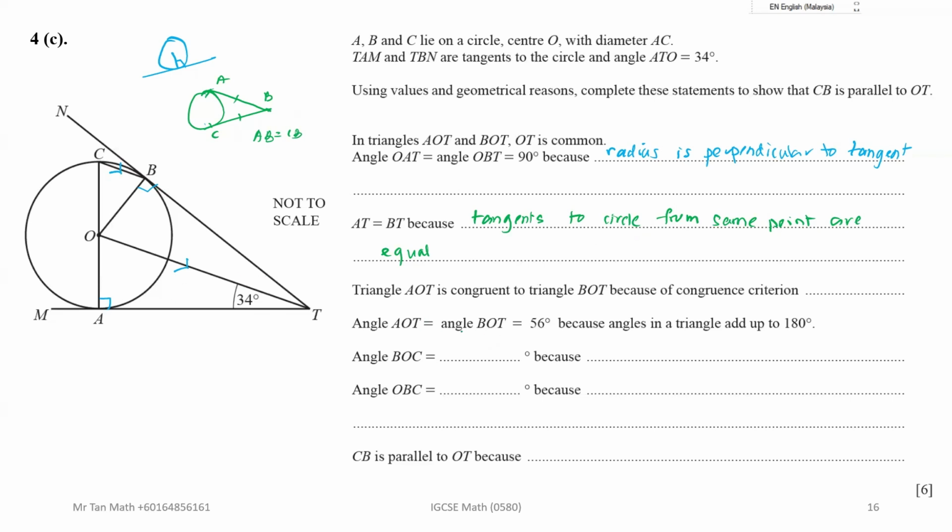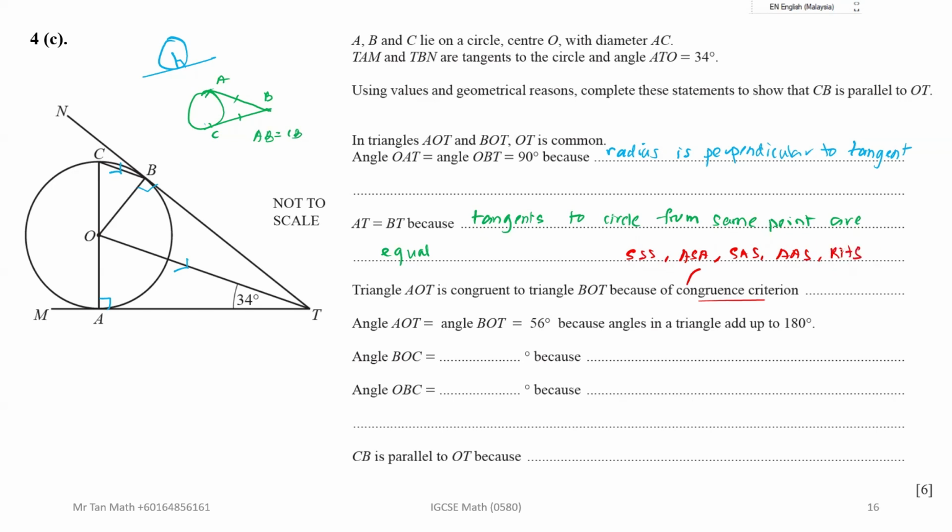Then triangle AOT is congruent to triangle BOT because of a congruence criterion. We have five congruence criteria: side side side, side angle side, angle angle side, angle side angle, and then right angle, hypotenuse, and side.